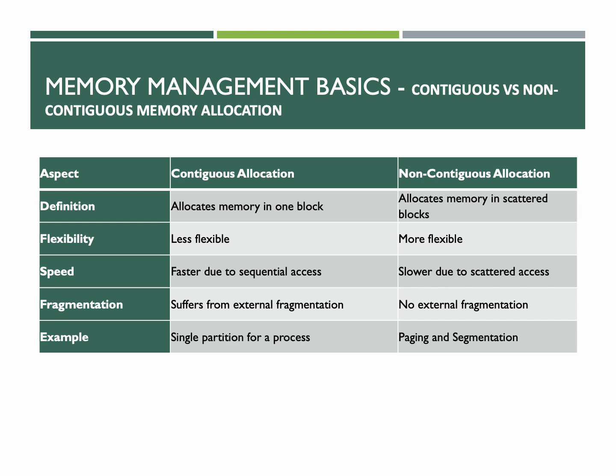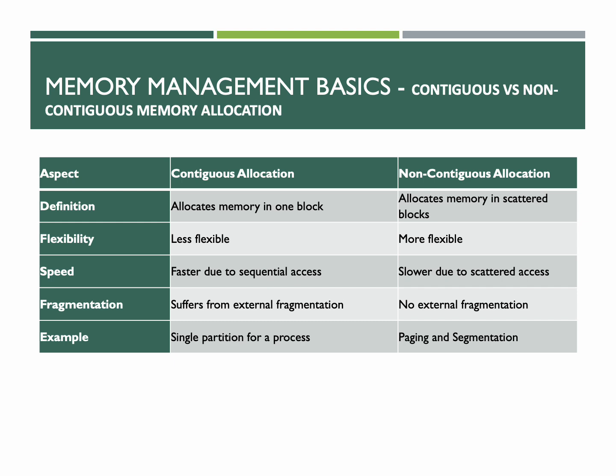For example, imagine booking an entire row of seats at a theater. The seats must be adjacent. Non-contiguous allocation allocates memory in scattered blocks, allowing processes to occupy non-adjacent memory spaces. For example, this is like booking seats scattered across a theater, wherever space is available.